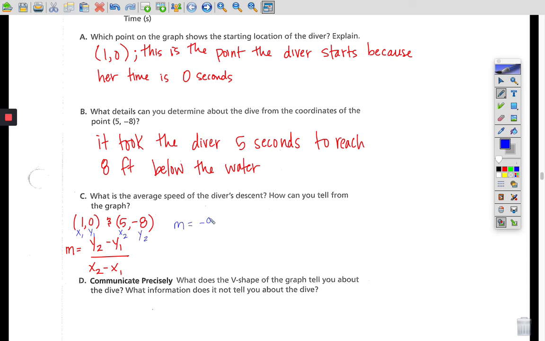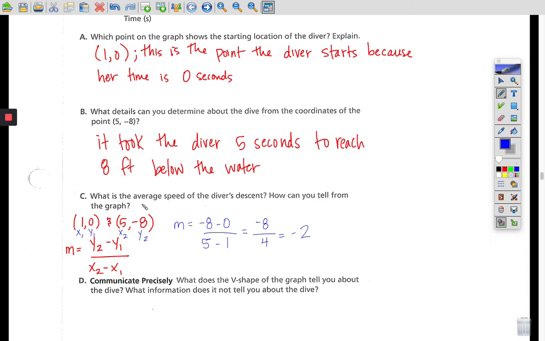So we've got -8 minus 0 divided by 5 minus 1. So we get -8 over 4, which is -2.